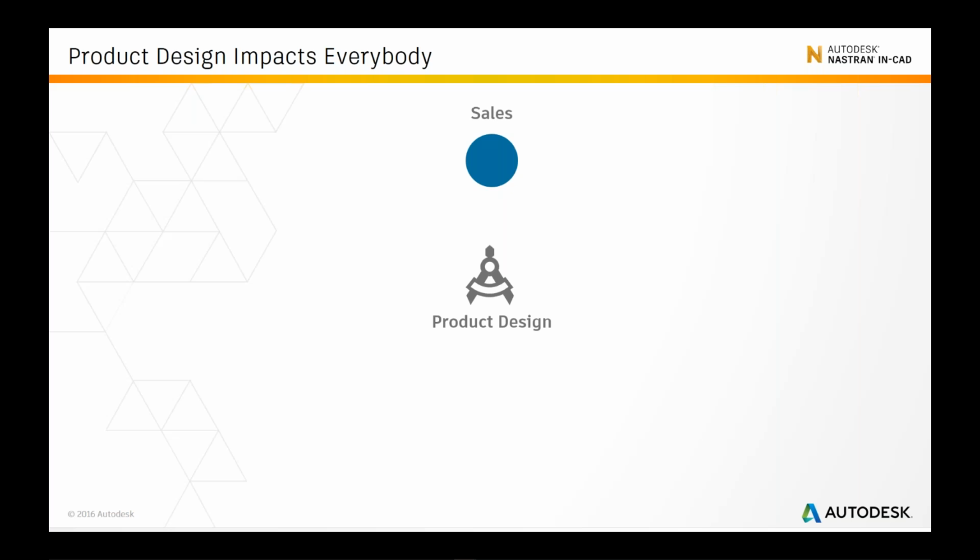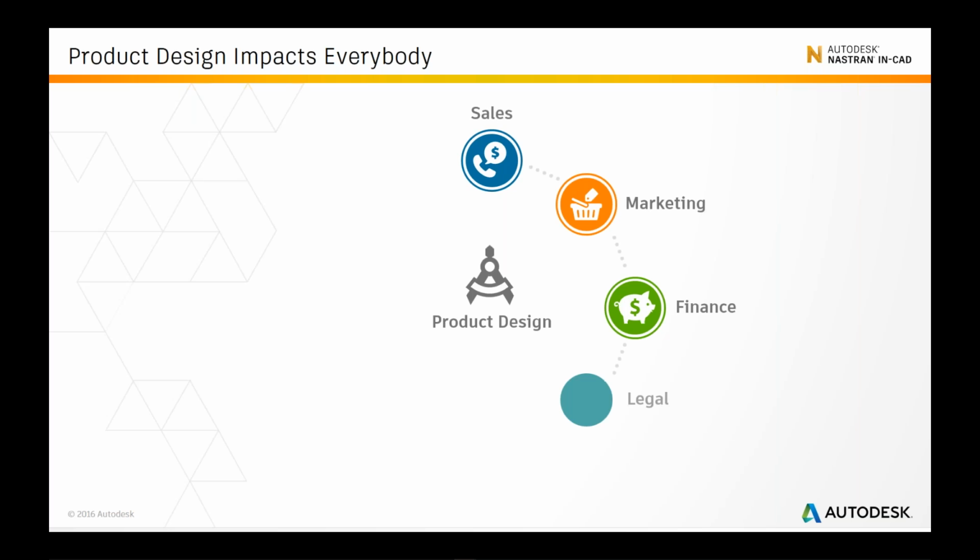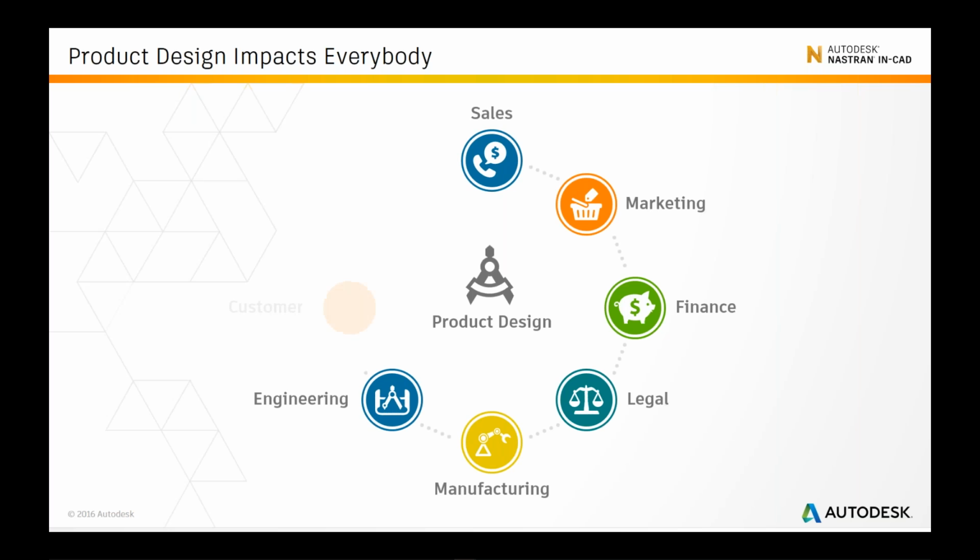Before I go on, many times a question is asked: what happens when the product fails? Product failure can have a far-reaching effect within your organization, going beyond your engineering team.